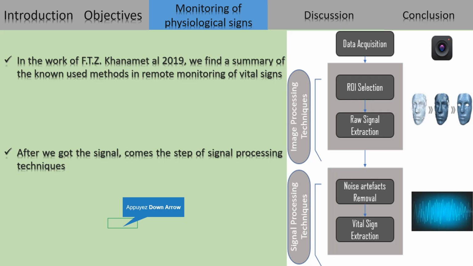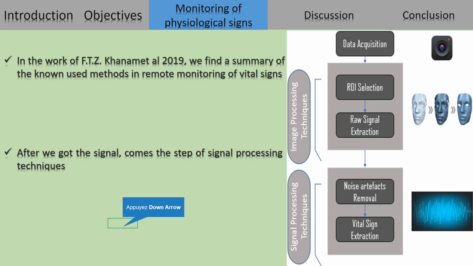Then comes the raw signal extraction, which is a value computed by calculating. After we get the signal, comes the signal processing step, starting with noise artifacts removal.